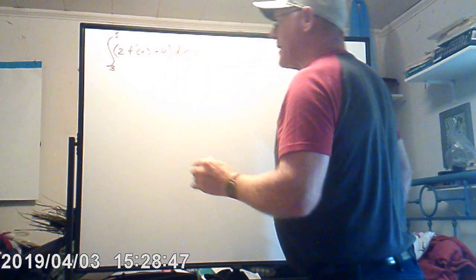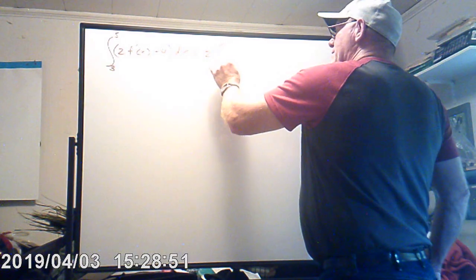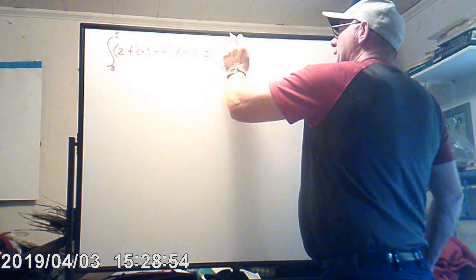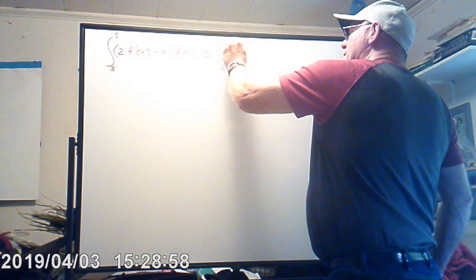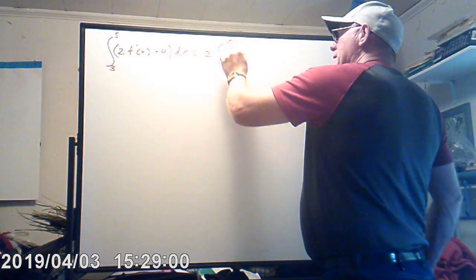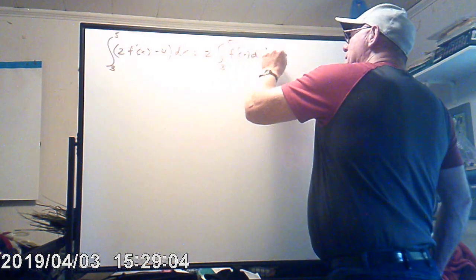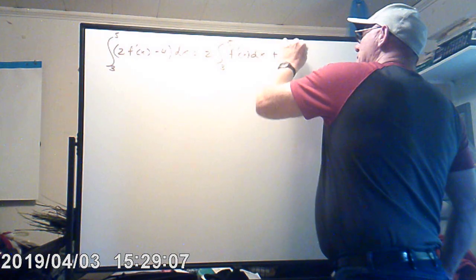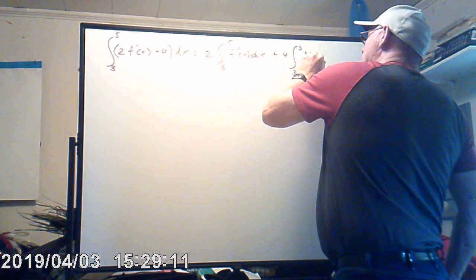We divided that up. Let's go ahead and put the 2 on the outside: the integral from 3 to 5 of f prime of x dx, plus the integral from 3 to 5 of 4 dx.